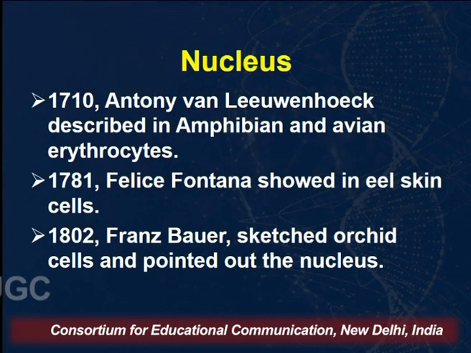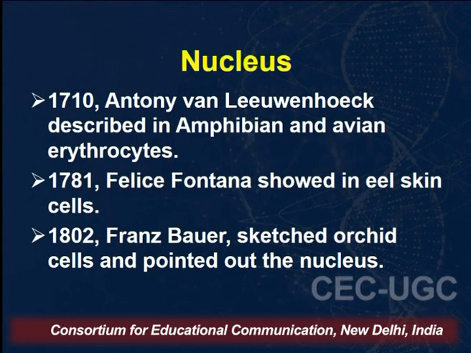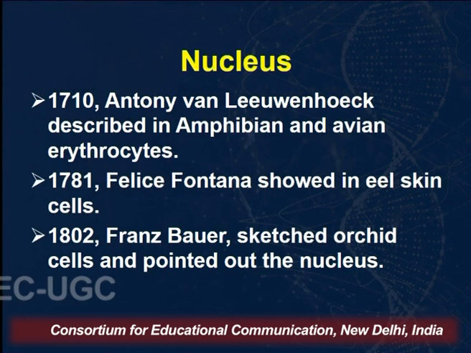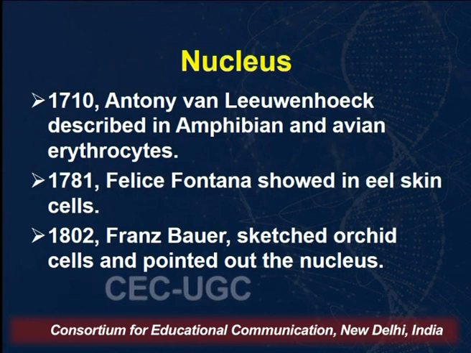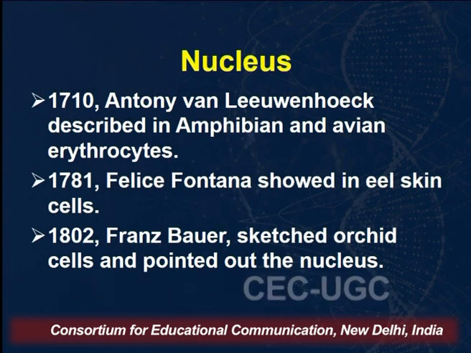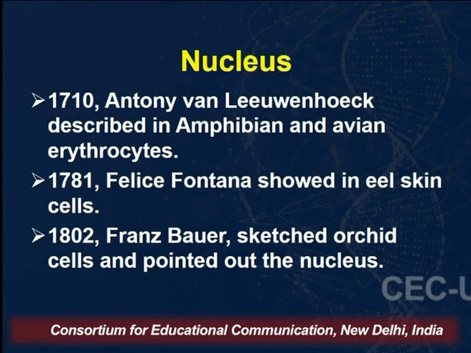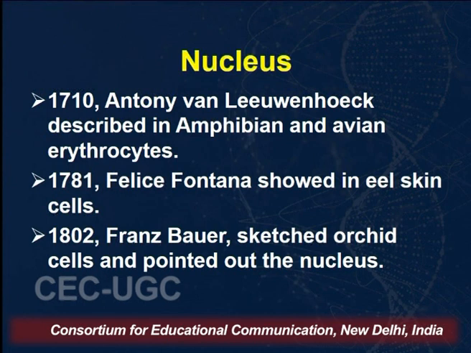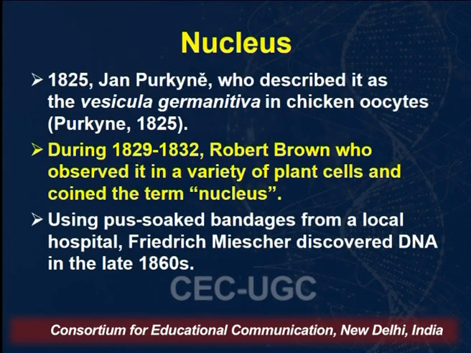Now the second important organelle within the cells is called the nucleus. The discovery and identification of the nucleus started in the year 1710, but at that time it was not clear what exactly the nucleus is made up of, although it was pointed out that there is a nucleus present.